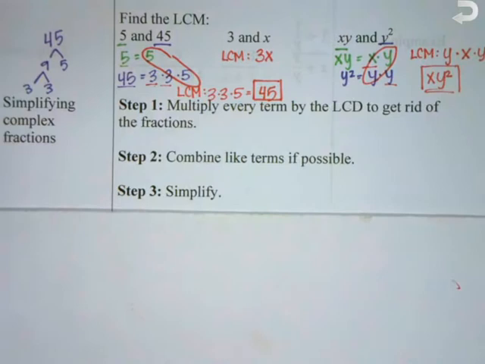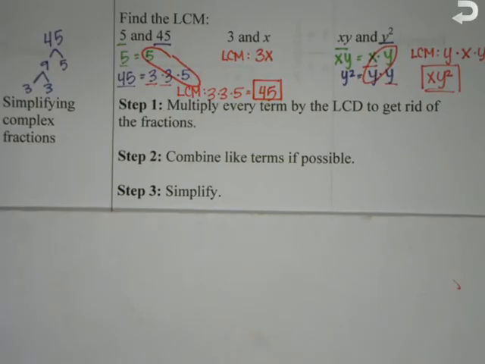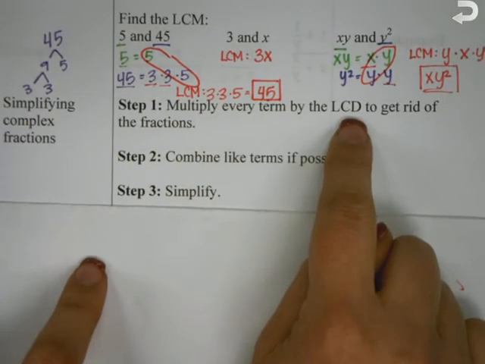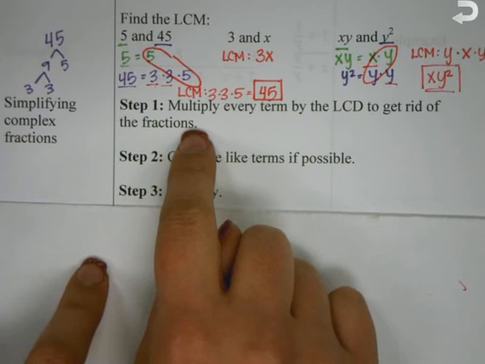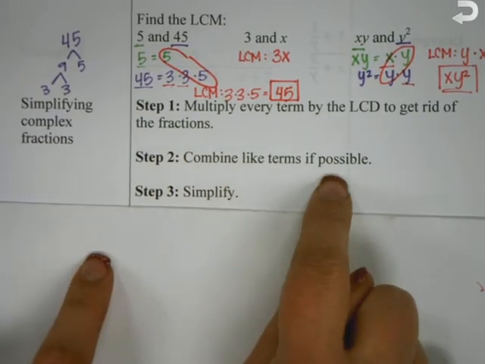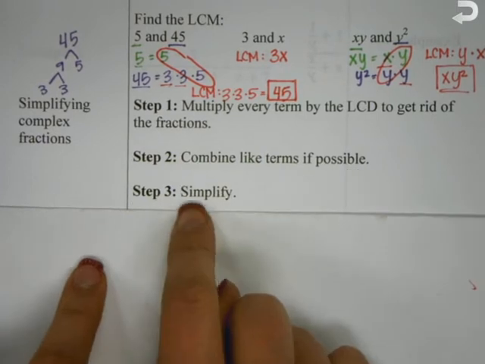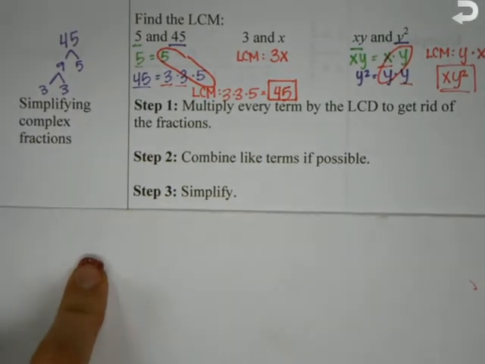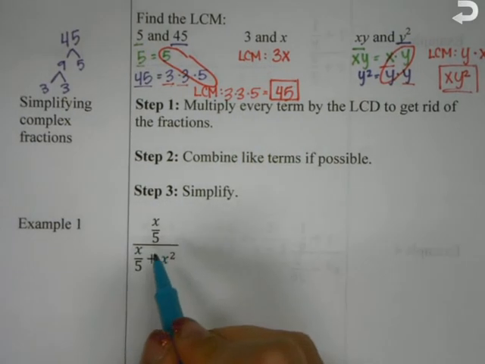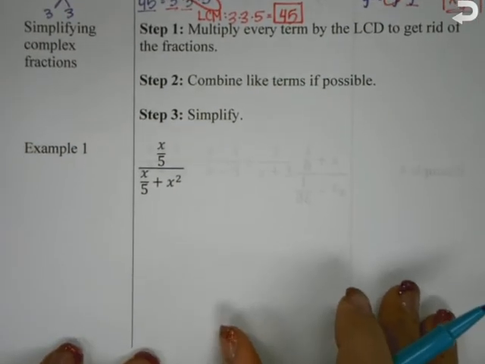We multiply each term by the LCD to get rid of the fractions. Okay? After we get rid of the fractions, we will combine like terms, and then we will simplify just like we did yesterday. Okay, so this is what a complex fraction looks like. x over 5, all of that over x over 5 plus x squared.